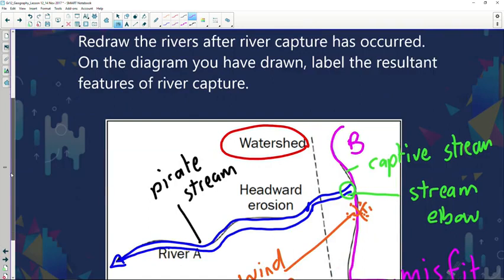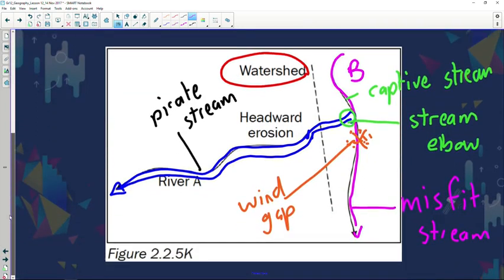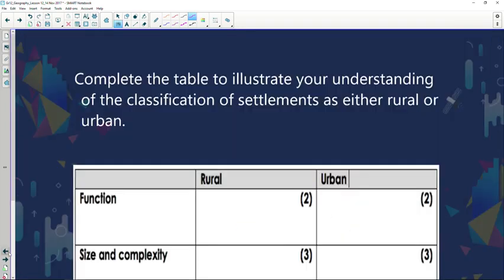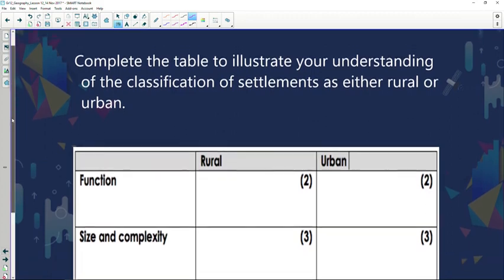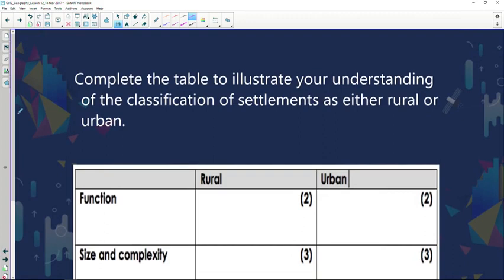Now, our next questions focus on settlement issues. If you quickly look at the next question, complete a table to illustrate your understanding of the classifications of settlement as either rural or urban. We discussed this before.